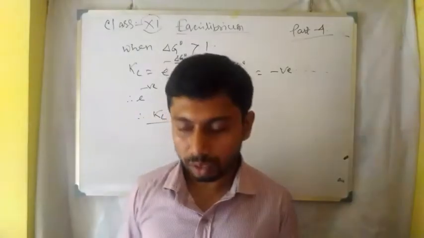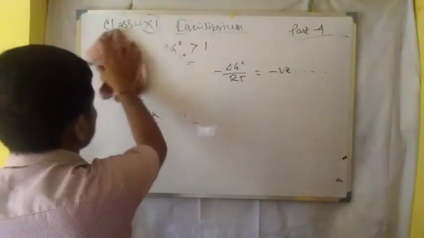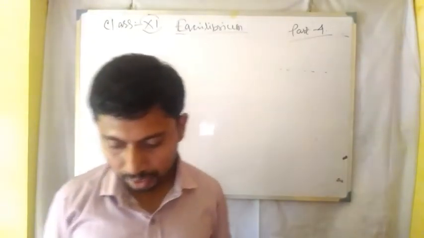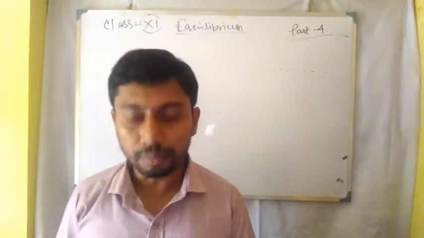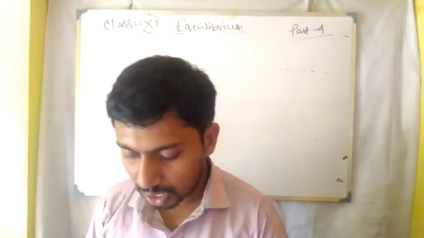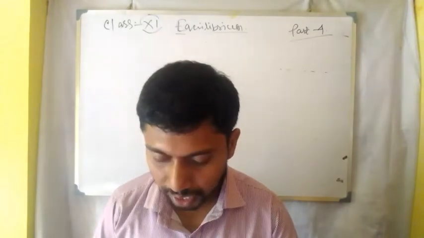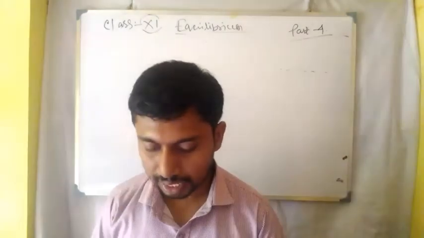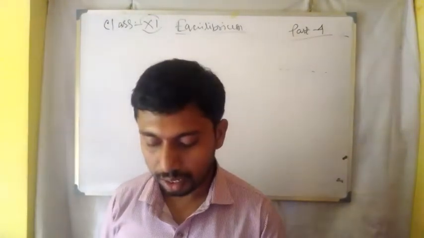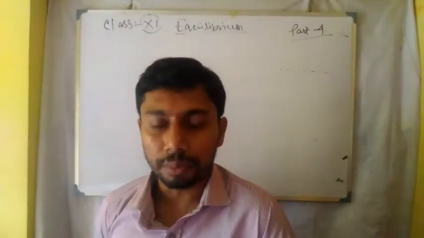Now let us come to one example or problem from this section. At equilibrium the concentrations of nitrogen, oxygen and NO are given in a sealed vessel at 800 K. We know the importance of a sealed vessel and constant temperature, because Kc is definite for a definite temperature.